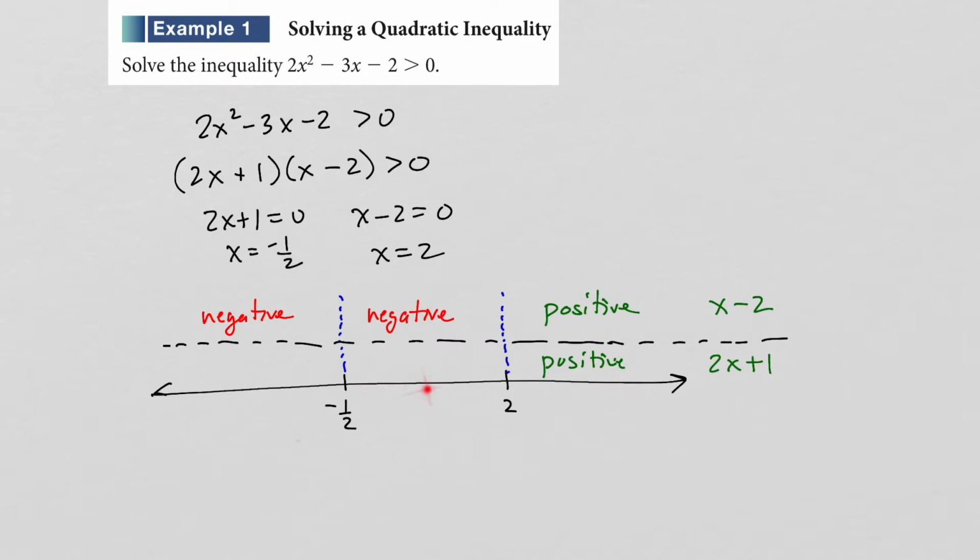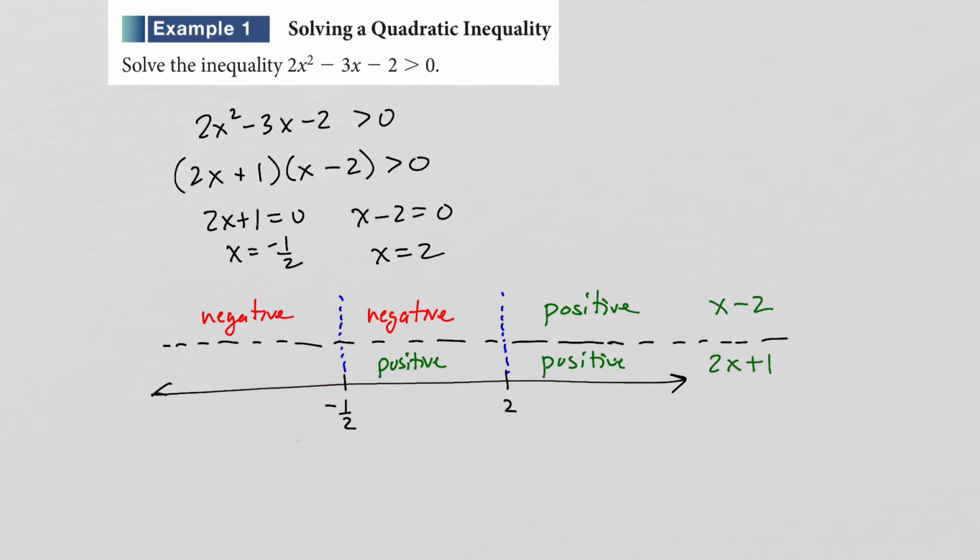What about values of x between -1/2 and 2? Well, for this factor, it will still be positive here. And it's positive here because if you pick a number that's bigger than -1/2, such as 0, right? 2 times 0 is 0, plus 1 is 1. You can see that it's going to give you a positive result.